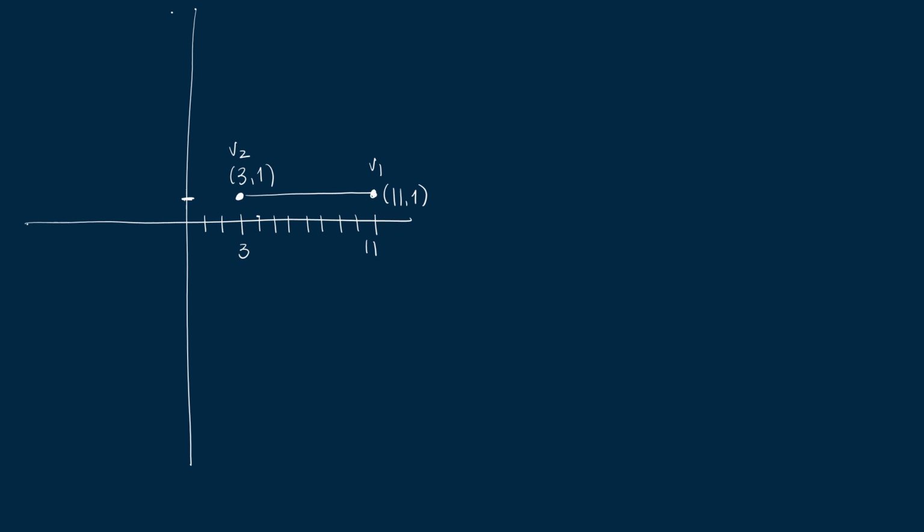At isa pa pong clue, the value of your y coordinate never changes. So on this particular problem, if your y values are the same, we can assume that it is a horizontal hyperbola.